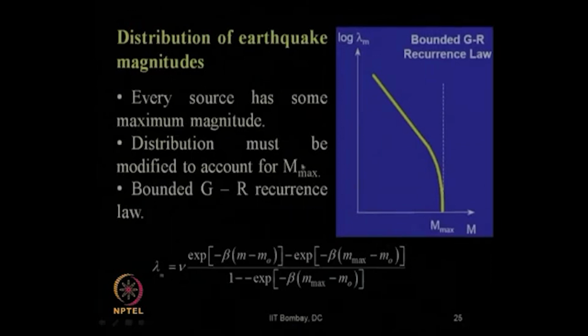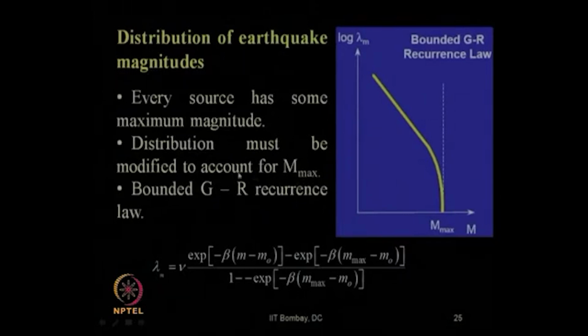Let us look at this distribution of earthquake magnitude data, where the y axis is log of lambda m and x axis is m. Every source has some maximum magnitude when we are arriving at the Gutenberg-Richter recurrence law. For each of the sources we know about the maximum magnitude. So, distribution must be modified to account for this maximum magnitude.